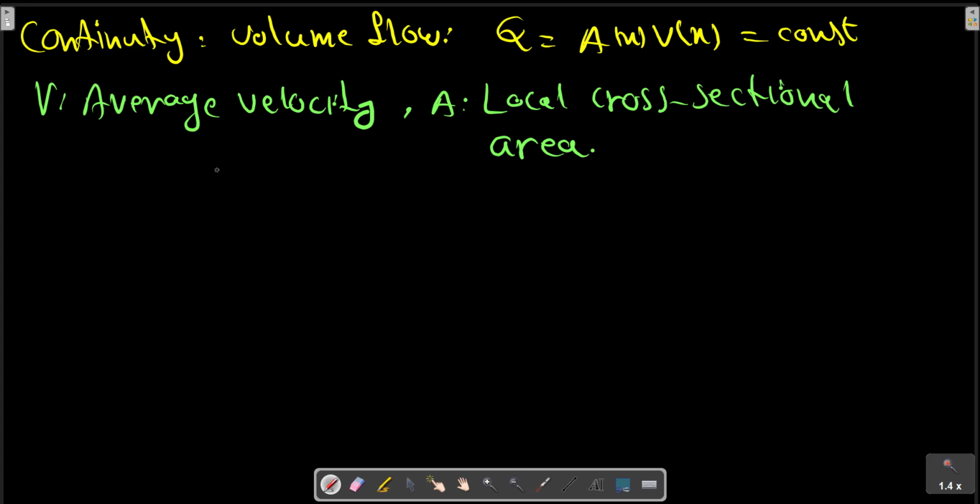A second one-dimensional relation between velocity and channel geometry is the energy equation, including friction losses.